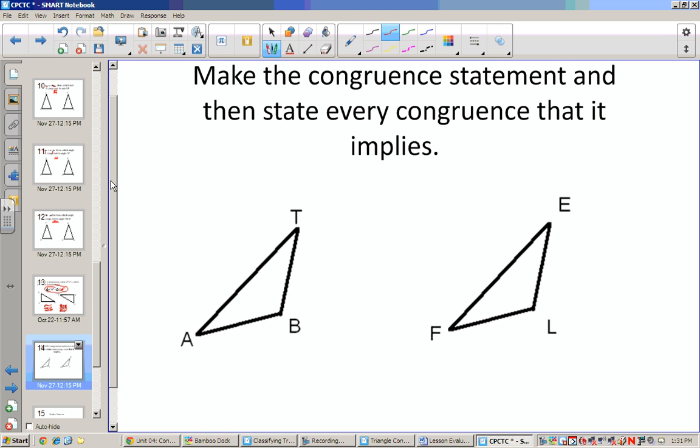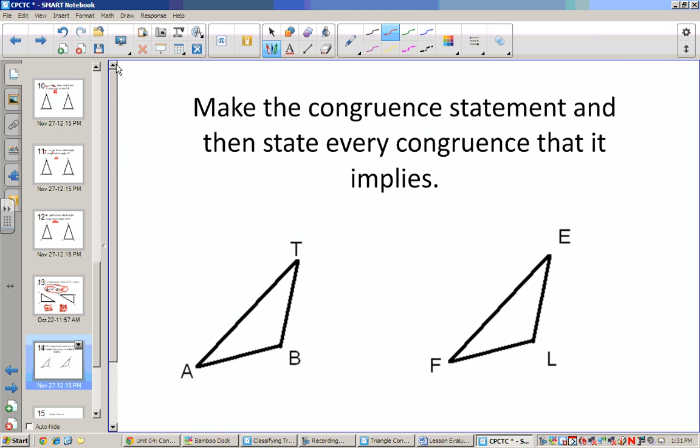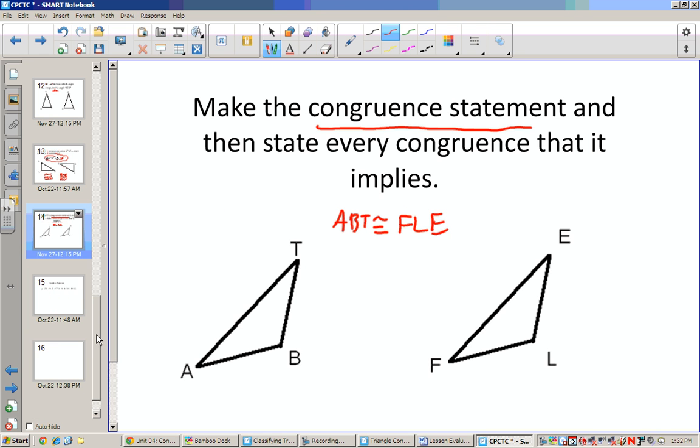Now, here it says make a congruent statement and then state every congruence that implies. Here we'd say ABT is congruent to FLE. So if they ever say a congruent statement, that's what's written in red. All the things that it implies will be angle A and F being congruent.